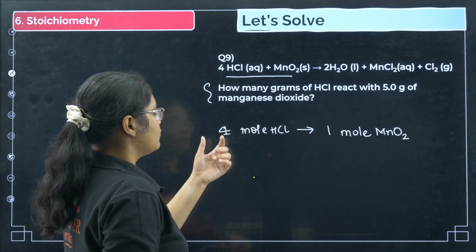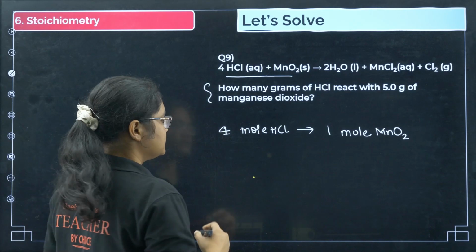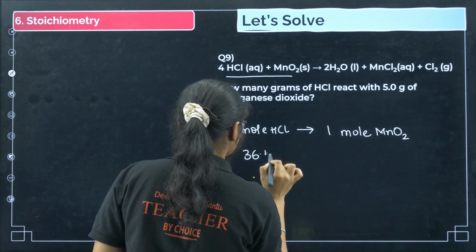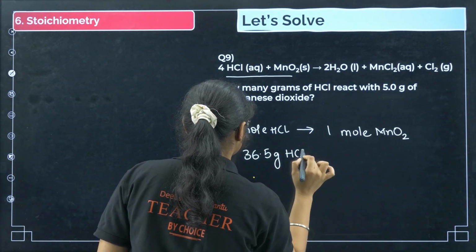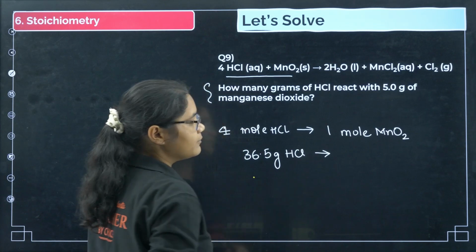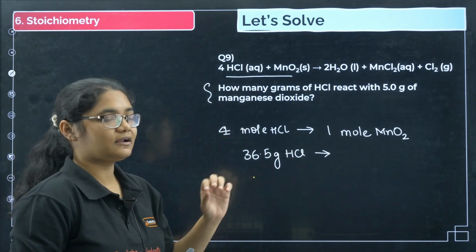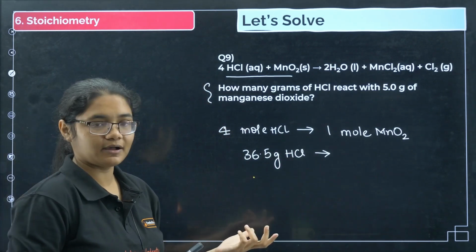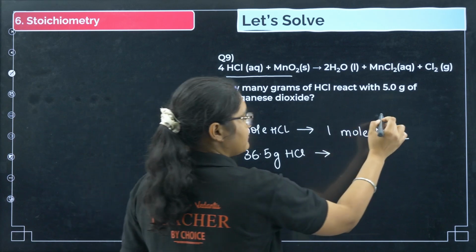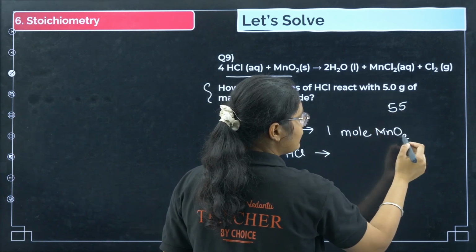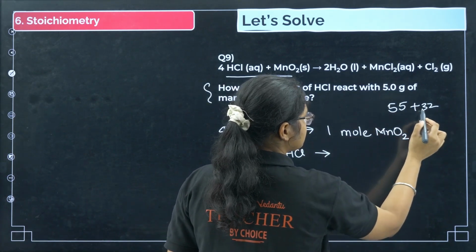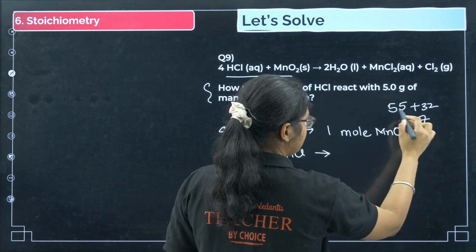Now 1 mole of HCl mass is 36.5 gram. For MnO2 we need the molar mass: Mn is 55 and O2 is 32, so 55 plus 32, 87.